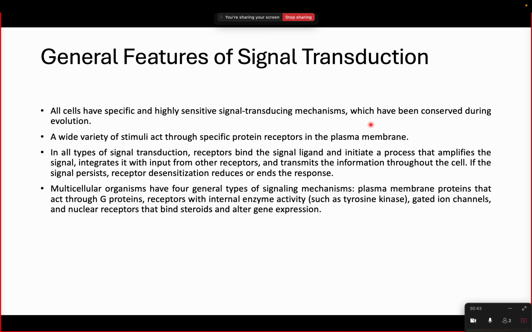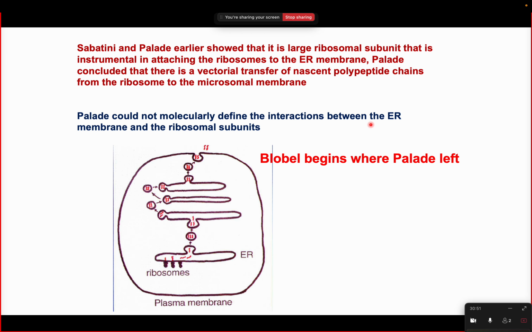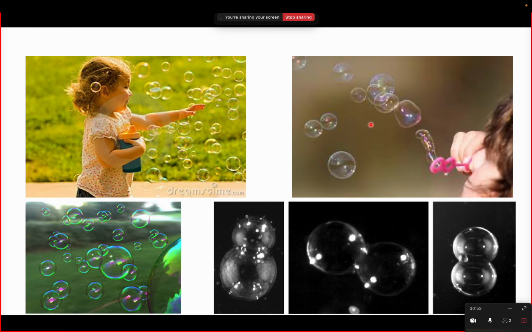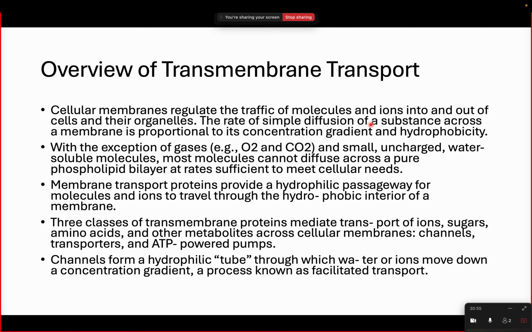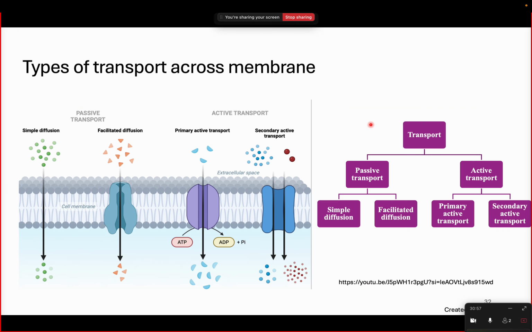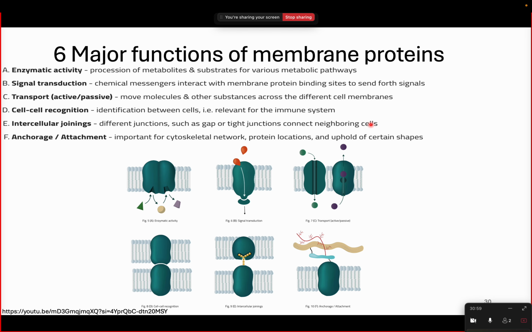You remember there were 6 major functions of membrane protein, right? One of them was transportation. If you don't mind, I'll quickly go to that slide of the major functions of membrane protein, because it's been a while and we have not discussed it. Yeah, this one. So there are 6 major functions of membrane protein, and we should keep this in mind always.